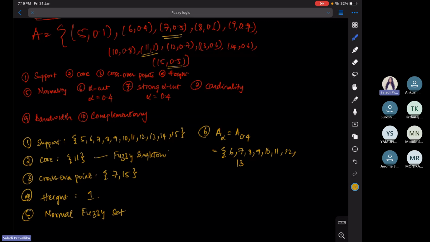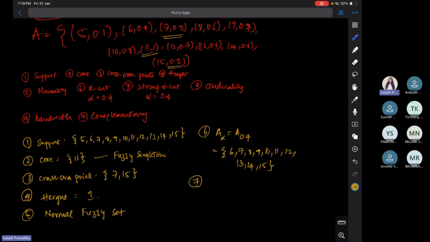At 6, we take it even though the membership value is 0.4, because in an alpha cut we take values greater than or equal to alpha. So we have the points 6, 7, 8, 9, 10, 11, 12, 13, 14, and 15.